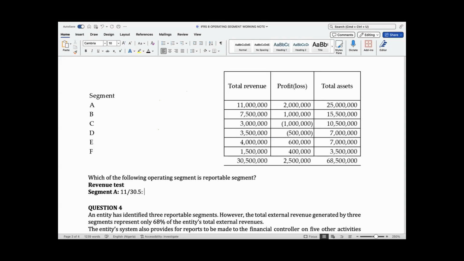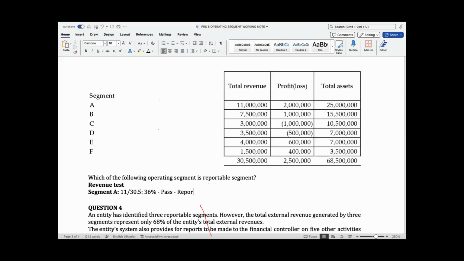So what's 11 divided by 30.5? That's 36%. So it passed.